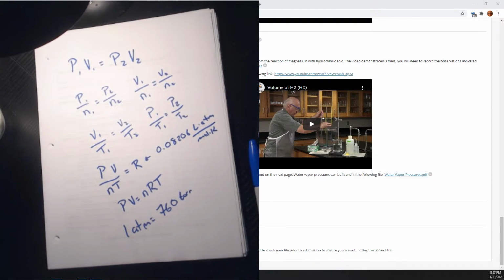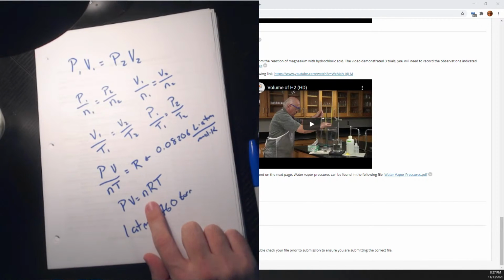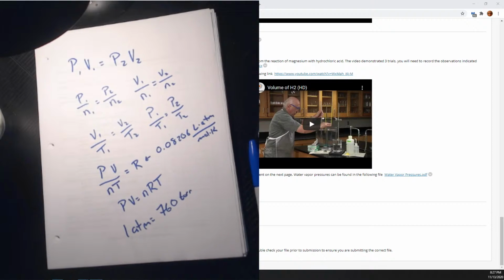You can measure the mass of a solid to get to moles. You can measure the volume of a liquid at known concentration to get moles. And now you measure pressure, volume, and temperature of a gas, and you know how many moles you have. That's all. It's just, all roads lead to mole, and moles is what lets you do stoichiometry.